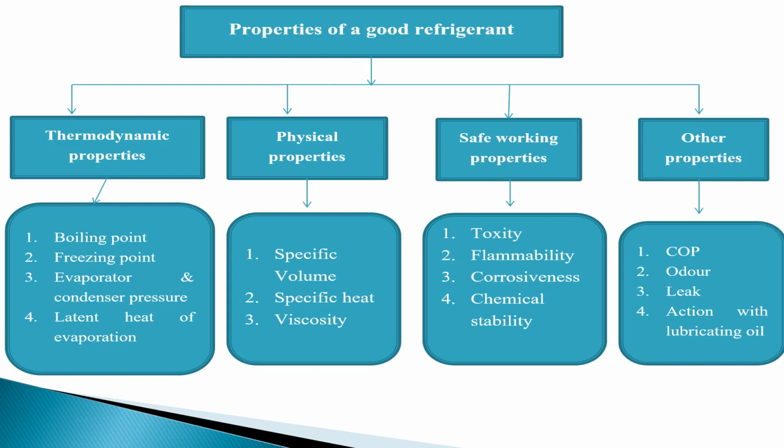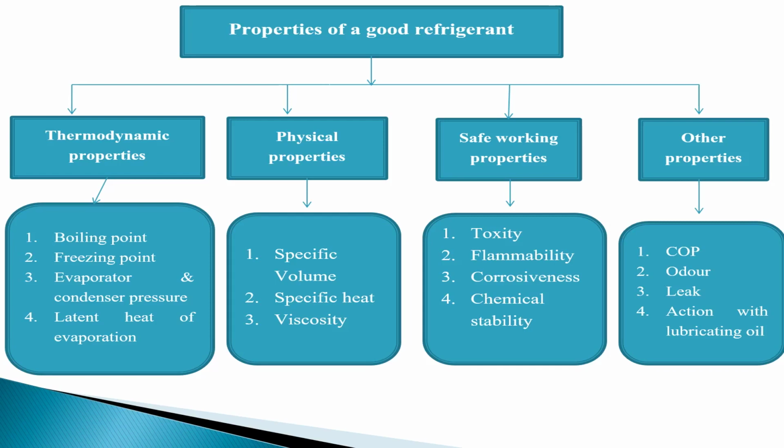Thermodynamic properties, which include boiling point, freezing point, then evaporator and condenser pressure, latent heat of evaporation. These are very important. Boiling point is the temperature at which the fluid starts boiling.